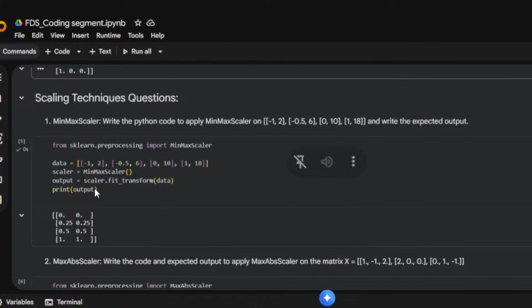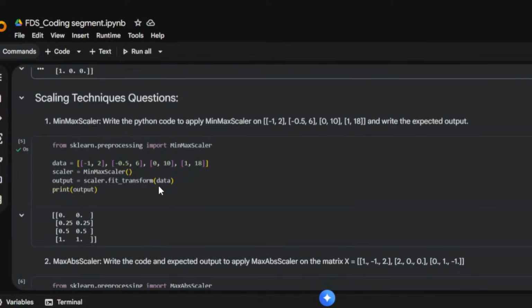Here, in the previous line we created the scaler object. So in this scaler object, we are applying the fit transform method. Fit transform method is used to fit and transform using the same data points.